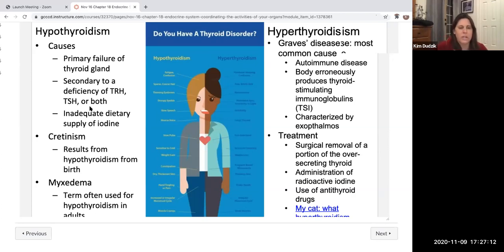Primary hyposecretion, then you have too little hormone secreted. It's usually due to an abnormality within the gland. That could be genetic, so there's an absence of enzymes that cause the synthesis of the hormone. It could be dietary, and that's also very common: mostly women don't get enough iodine in their diet as they get older, and so they tend to suffer from hypothyroidism, right?